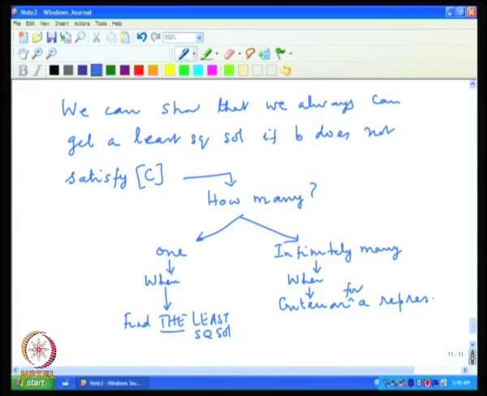So, we need some criterion for picking. Having got that criterion, our final goal should be to find the representative least square solution. So, while dealing with a linear system of equations, there are several questions that arise.